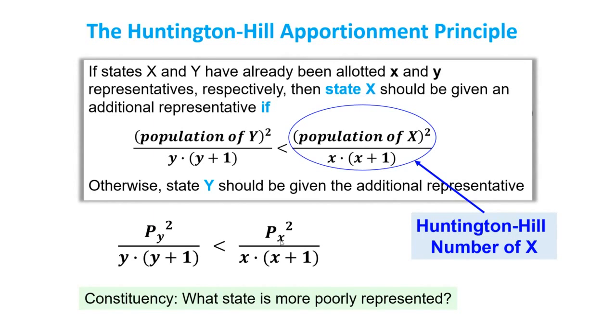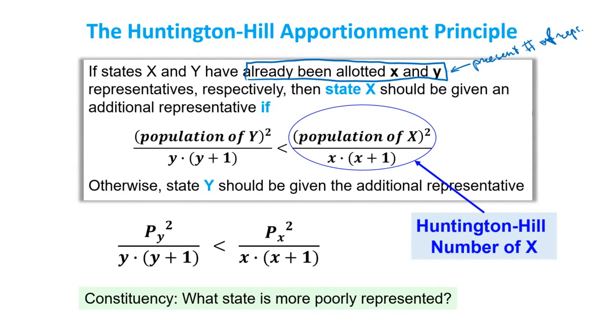The Huntington-Hill number is the population squared divided by X, the present number of representatives already allotted, and divided by X plus 1.